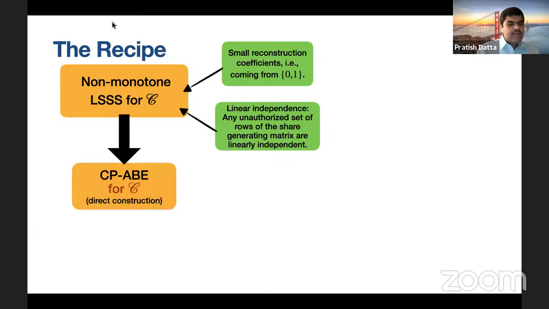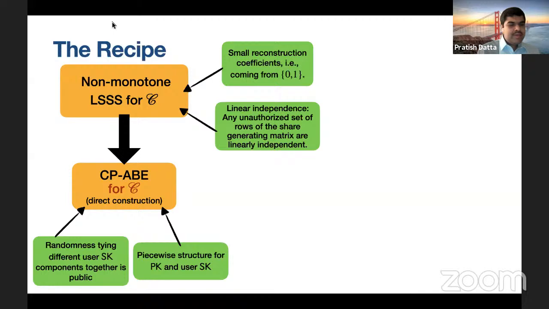So starting with this kind of LSSS, for which we also present a construction for NC1 access policies, we are then able to give the first direct construction of a CPABE scheme for NC1 access policies under the LWE assumption. And we use the non-monotone LSSS with these two properties as the underlying access policies.